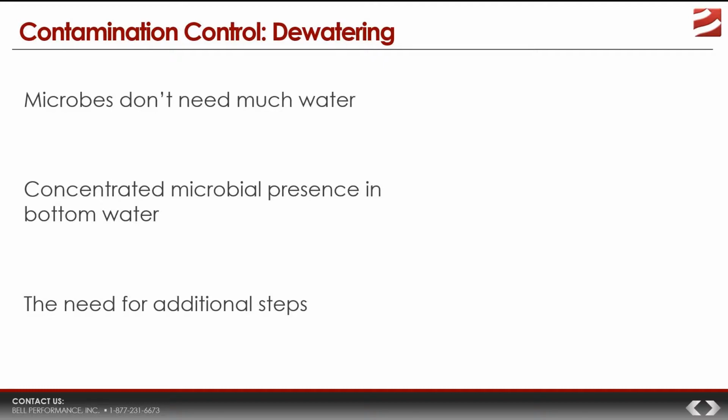So hence, it is really, really important to get as much of the bottom water out of the tank as possible, while also expecting that you are not going to get all of it. And the simple fact that bottom water has such a concentrated microbial presence means we need to do more than just remove the water and hope for the best.